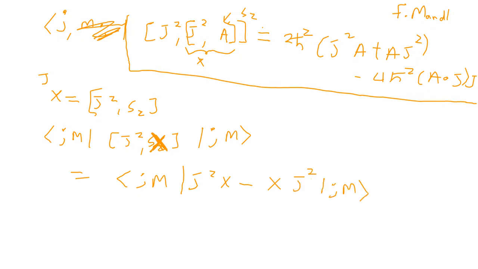J is Hermitian, so it can act either there, which gives you x j minus, or there, which gives you j plus 1 with the x, but these are just numbers, so you end up with x j minus the same thing. So this is 0.